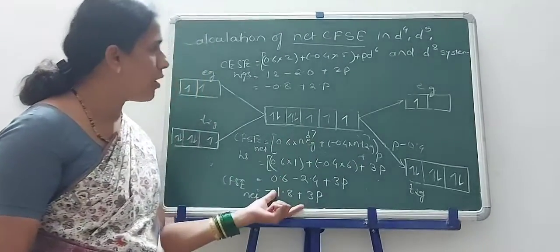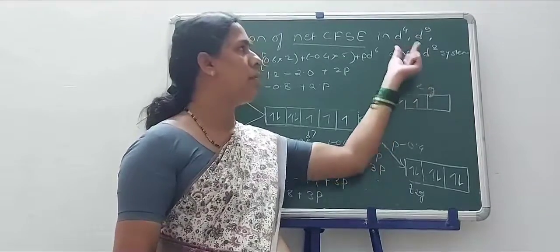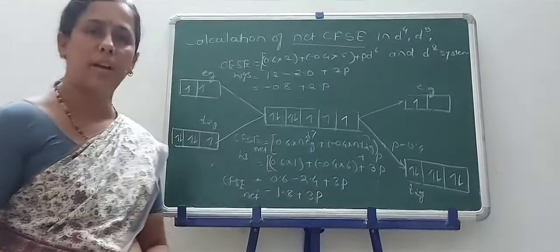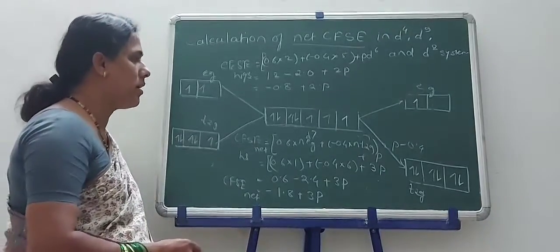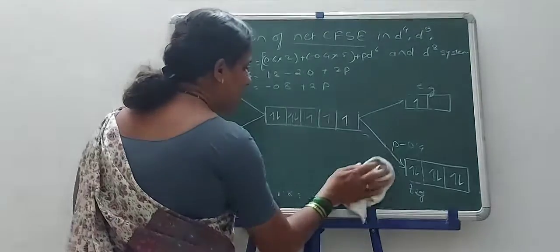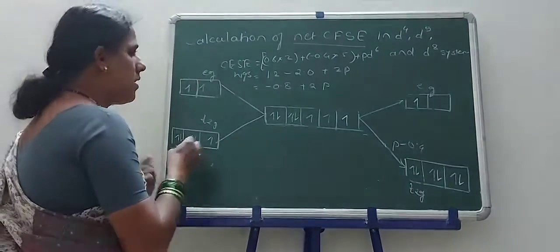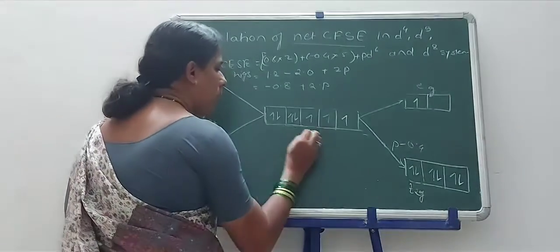Thus, we have to calculate the electron system from D4 to D10 in high spin and low spin complex. Okay. Now, for simplicity, we have to see the example in a D8 configuration. What is the example? See here, D8. How many electrons?